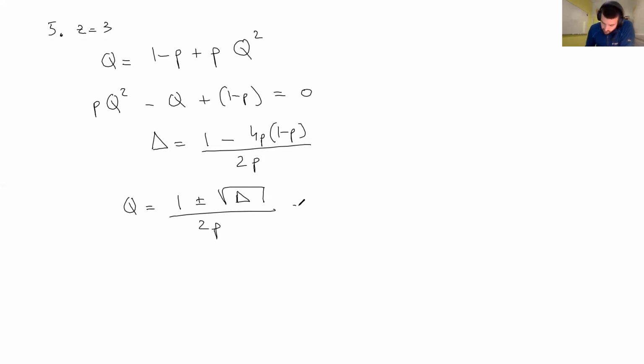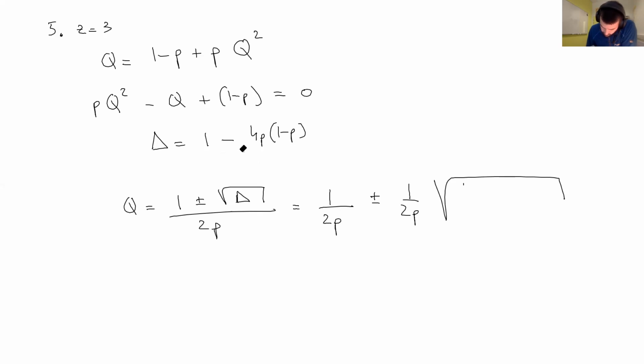And so if I write it in a complete fashion, I have this plus or minus 1 over 2p times the square root of, what do I have? Sorry, no, there's a mistake here. There is no denominator. The discriminant is simply this guy, right? And so I should write this here. Those are the two solutions.